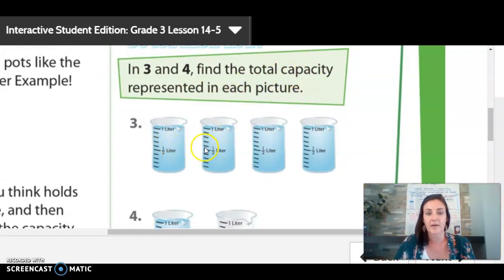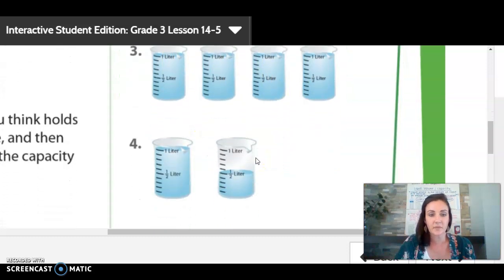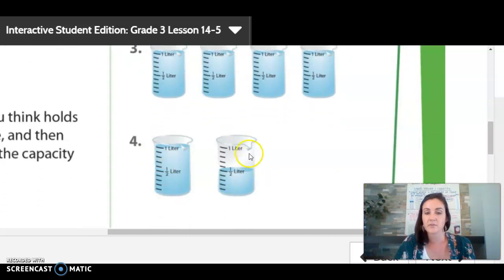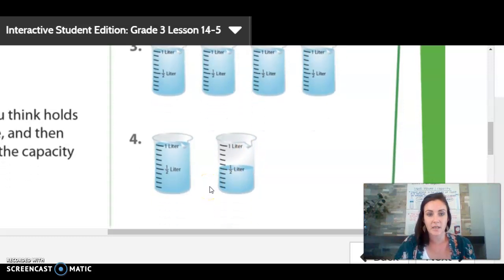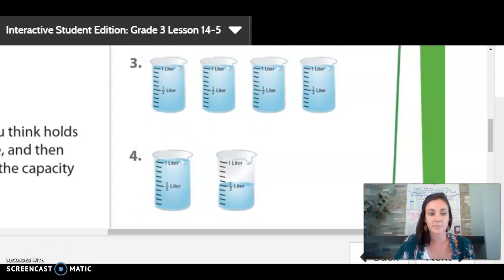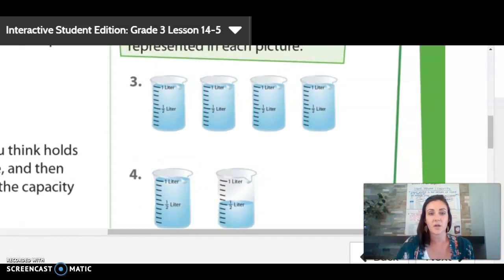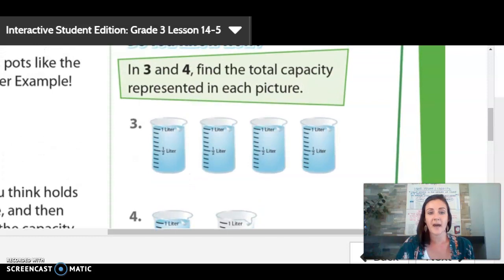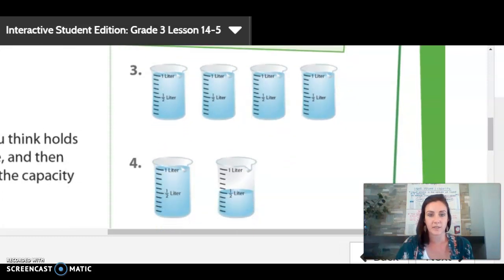So here you have these containers, and marked at the very top says your liters. Your next one is as followed. You have those two containers, and you can see where the blue is where the water is. So I'm going to leave this up here. Go ahead and push pause so that you can solve these. Remember, they're asking you for what is the total capacity represented in each picture.